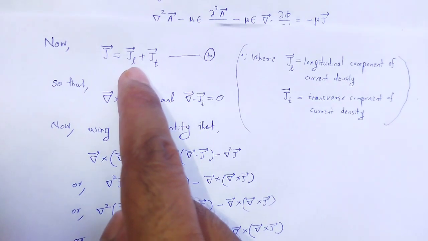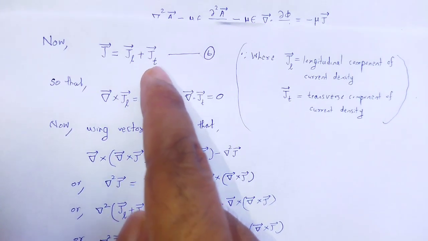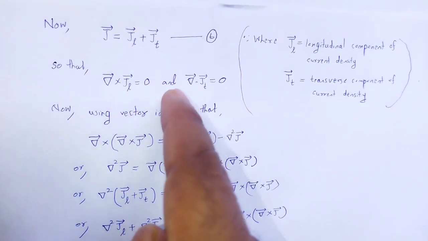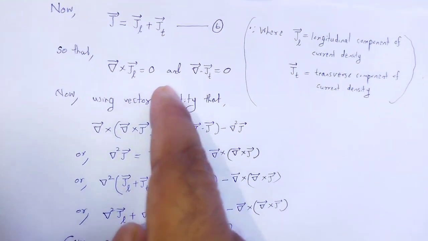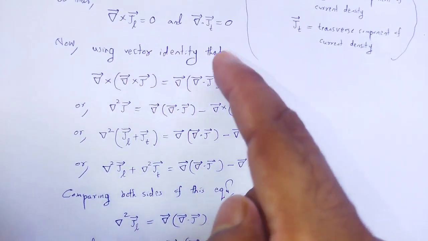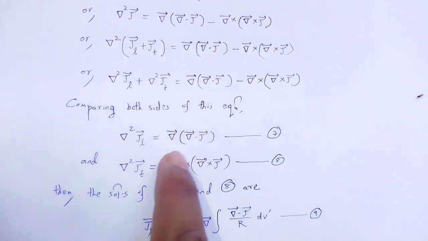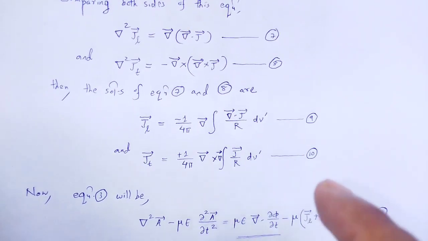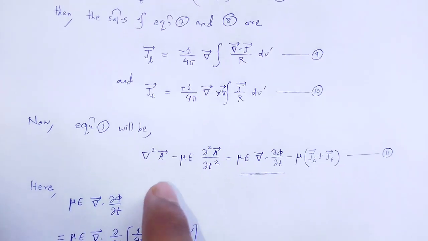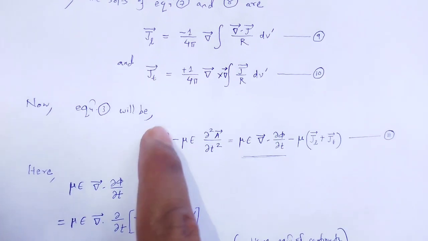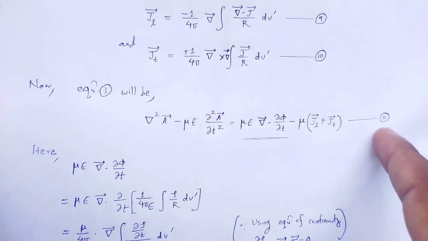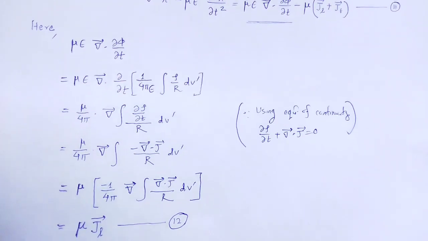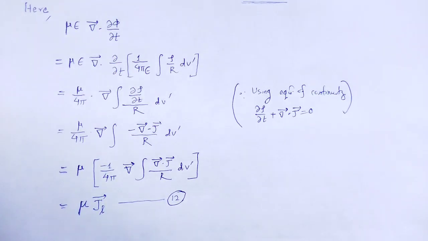Current density has two components, longitudinal as well as transverse. They are related with each other by that equation. Using that vector identity, we obtain that one, and finally these solutions are put in expression 11. That term can be simplified as this.